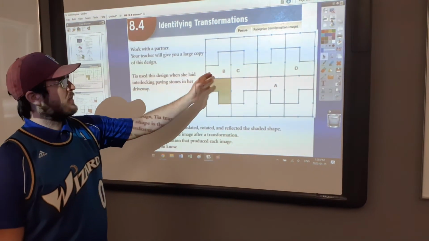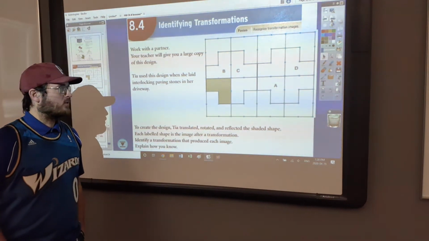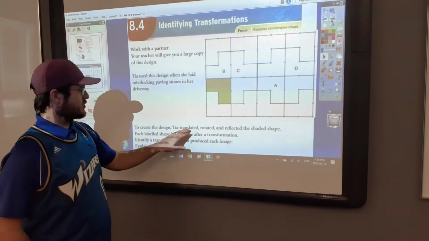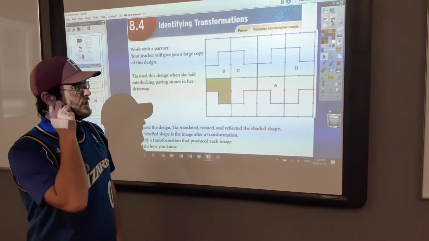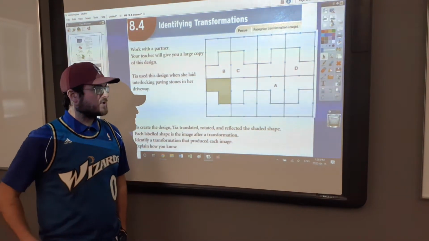Here's kind of this pattern using these L shapes, and so we can identify the three main transformations: translations, rotations, and reflections. And we can identify one of each here, and then we'll get into a closer example of each of those.